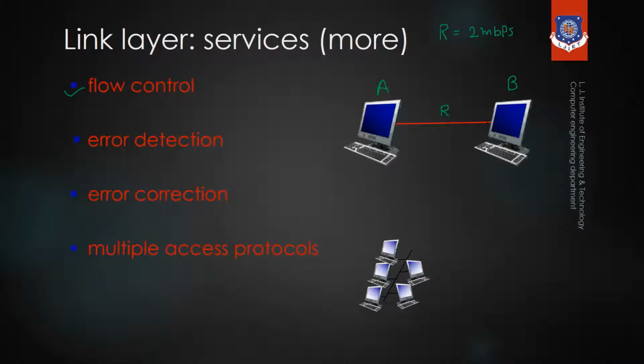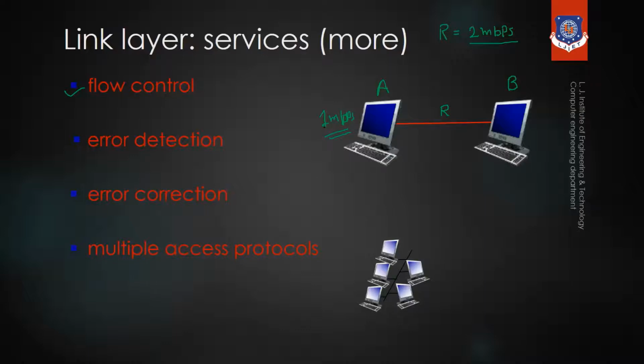It means that this link can carry data at 2 Mbps. So suppose if device A wants to send data at 1 Mbps, there will be no problem because the link can carry data at up to 2 Mbps. So device A can send data at 1 Mbps very easily.